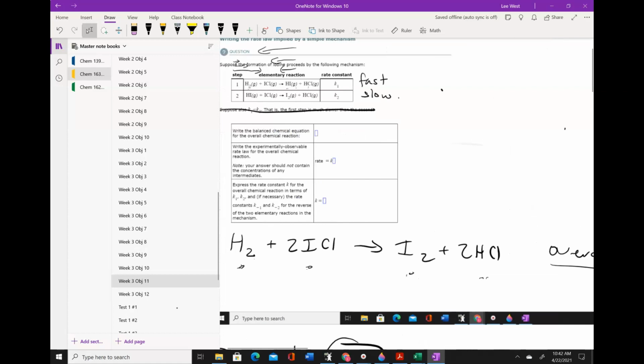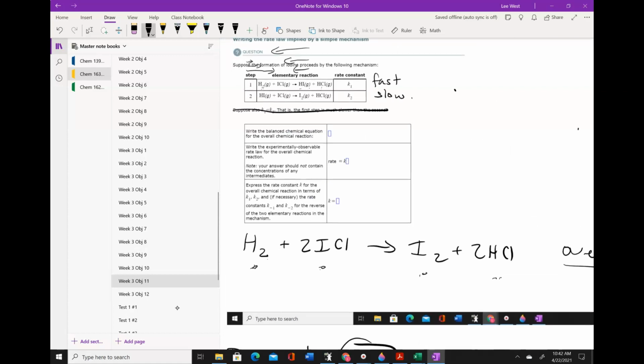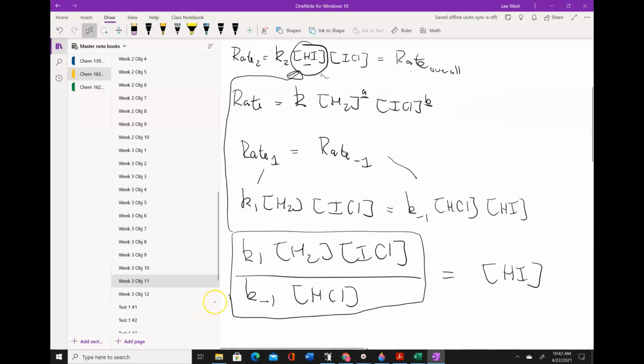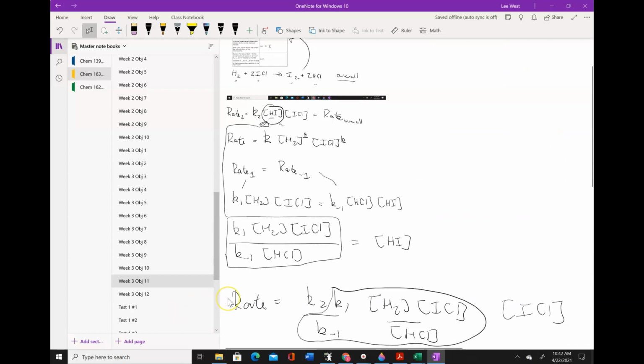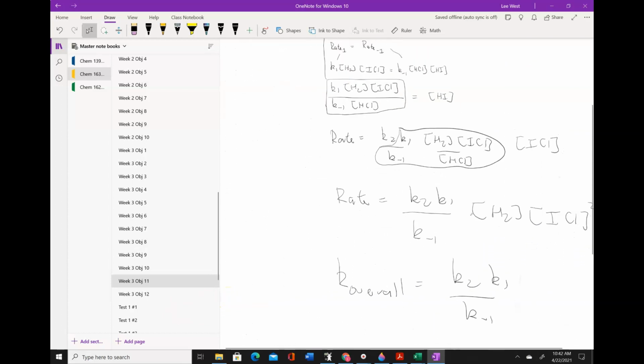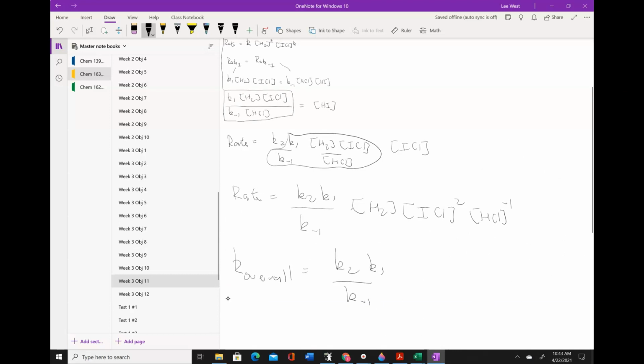So when we go back up here, it's similar to what we had before. We've got the overall balanced equation. That just goes up into there. And then it says, write the experimentally observed rate law for the overall chemical reaction. Your answer should not contain any intermediates. So we discovered that it was first order in H2, second order in ICl, and then -1 order in HCl.